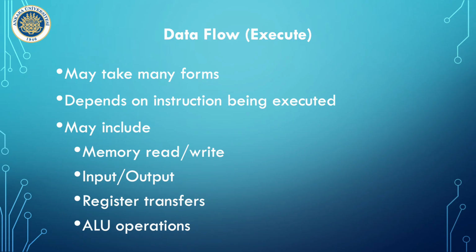For a load or store instruction, the CPU will either read data from memory into a register or write data from a register into memory. For I/O instructions, data may be transferred between the CPU and an I/O module. In each case, the control unit activates the required data paths and functional units.